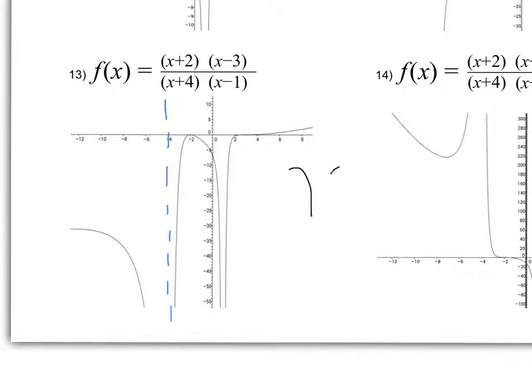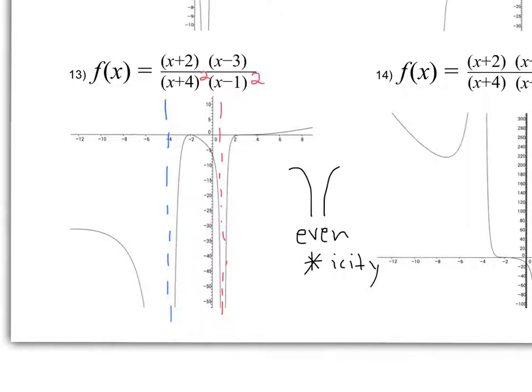It takes on this shape, and that gives me an even multiplicity. So I know it's got to be a 2 on the x plus 4. And then next, same thing, look at your 1. Takes the same shape around the asymptote, so it's going to have a 2 as well.